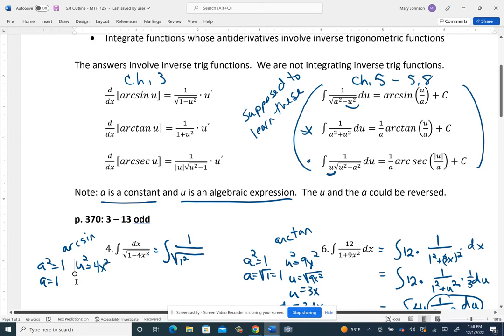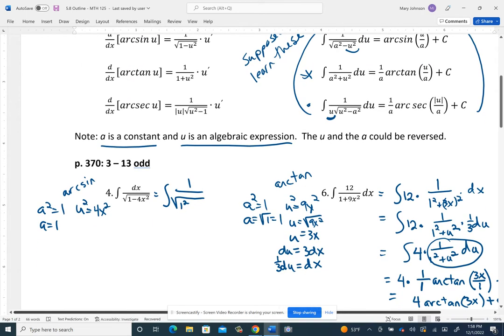When you take the square root of both sides there, you wind up with 2x for your u, okay? So this is the square root of 1 squared minus (2x) squared. And then I'm going to write that dx off to the side, so it really is going to look just like that formula when I get ready to plug everything back in.